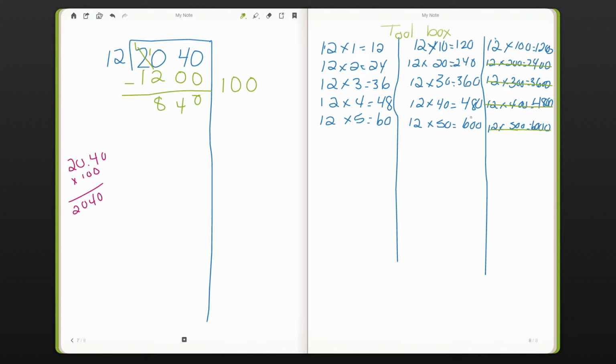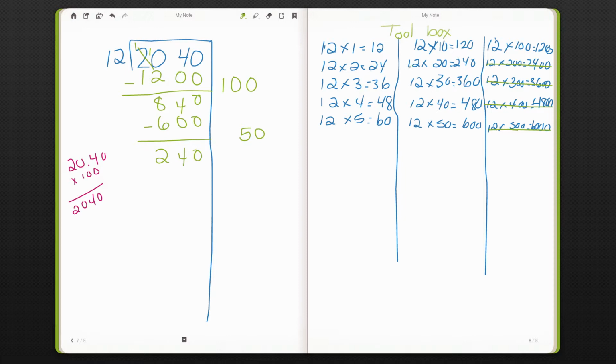So now I look over here and I find the closest number to 840 without going over, and I notice it is 600. So 50, because 12 times 50 equals 600. I'm going to subtract, and that leaves me with 240.